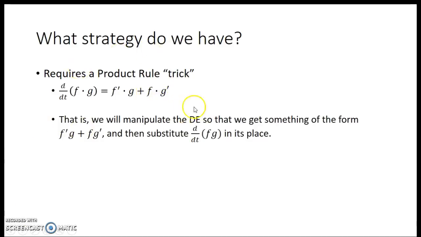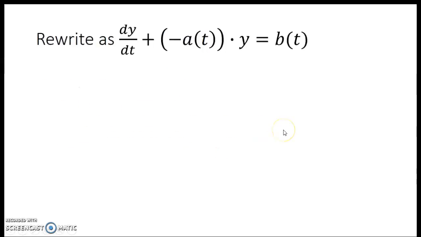And the way we're going to use this is we are actually going to manipulate our equation to get that, and then we're going to work backwards and replace it with the derivative of f times g. So we're going to notationally replace this with this component over here.